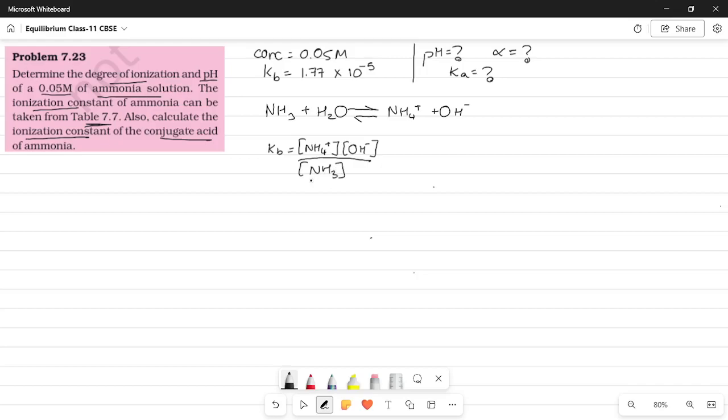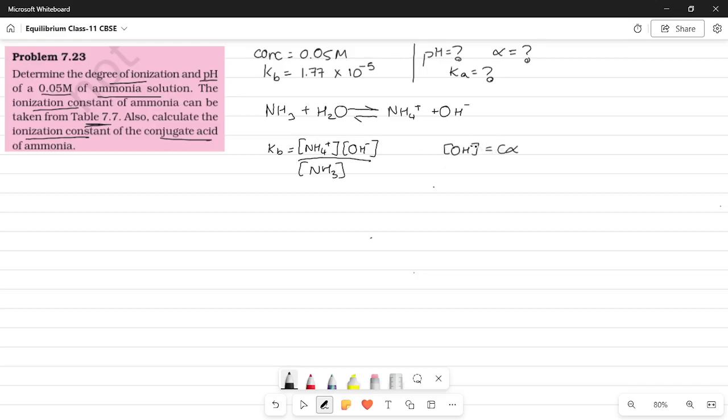Now, first of all, the concentration of OH minus itself would be equal to C alpha. This is from our discussion related to ionization of weak bases. In that discussion, we considered the concentration of OH minus to be equal to C alpha.